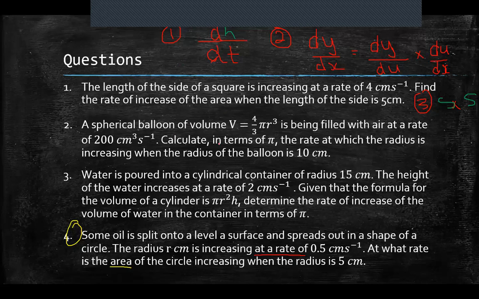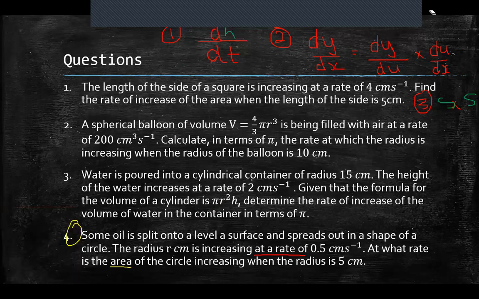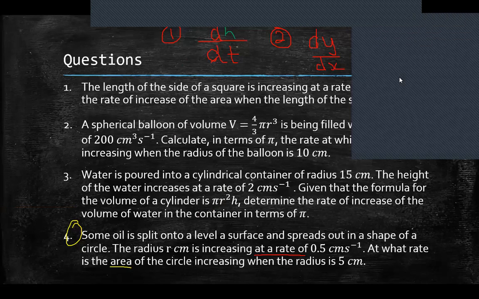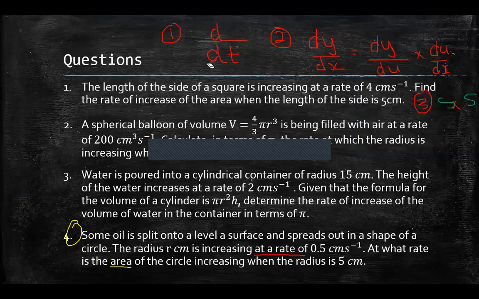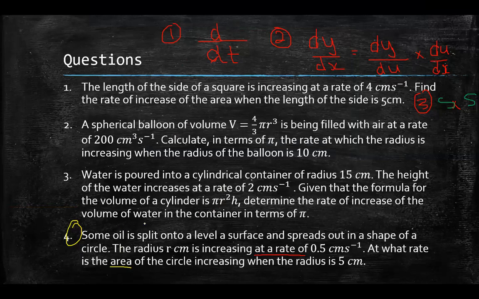Whenever they say rate of whatever, we know that's with respect to time. They just mentioned rate, so you put the dt in the denominator. But what quantity goes in the numerator? Let's read the question. The radius r centimeters is increasing at a rate of 0.5 centimeters per second.